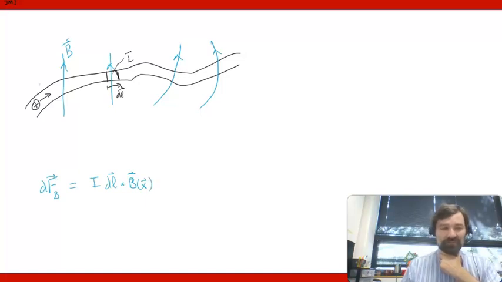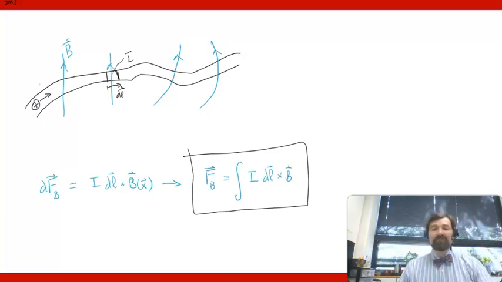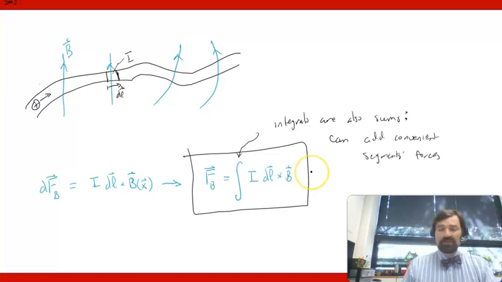And so then that in turn means that if I want to get the total force on this wire, I have to do an integral of both sides. And so this will be an integral of I times dl cross B. And that's my force for the wire as a whole. Now remember that an integral is a fancy sum. So that means you can break up your wire into convenient segments.